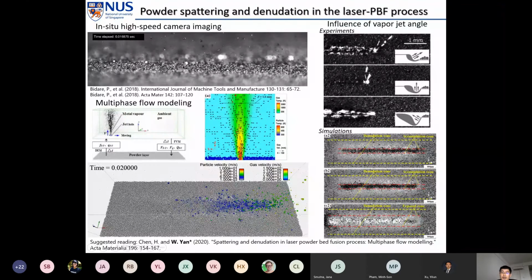For the vertical vapor jet, the most powder remains here. And the forward case is in the middle. So qualitatively, they agree with the experiments.